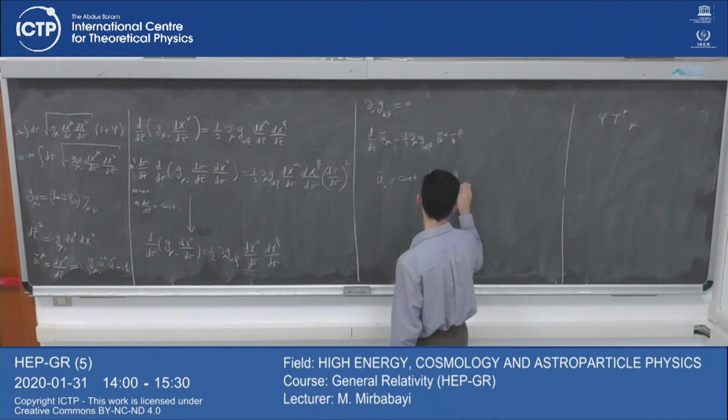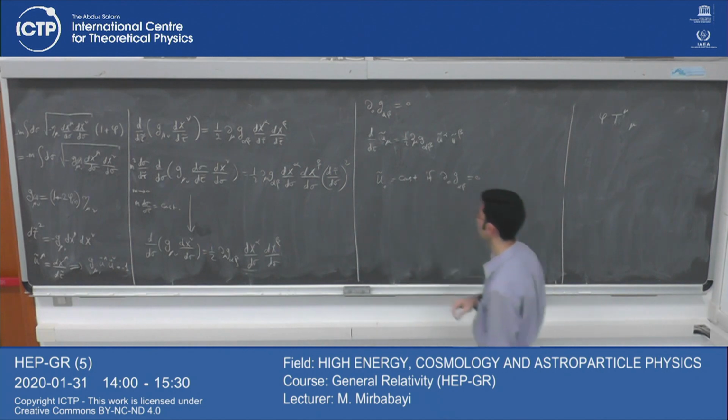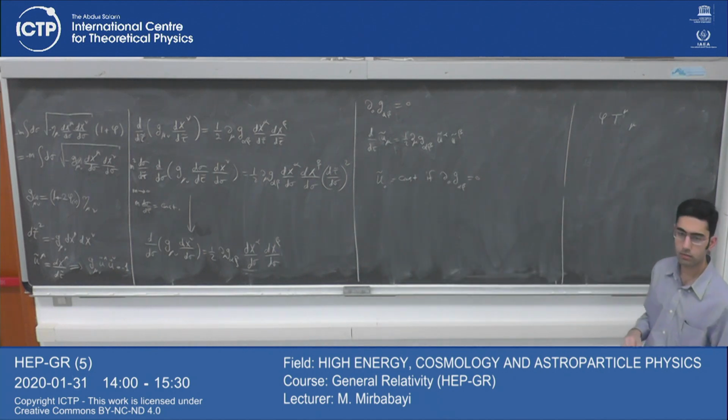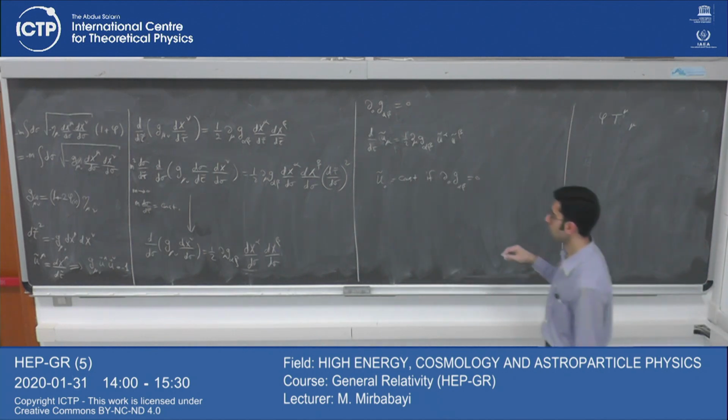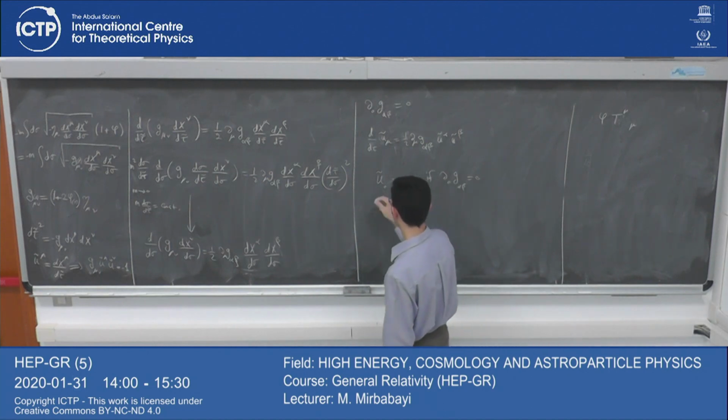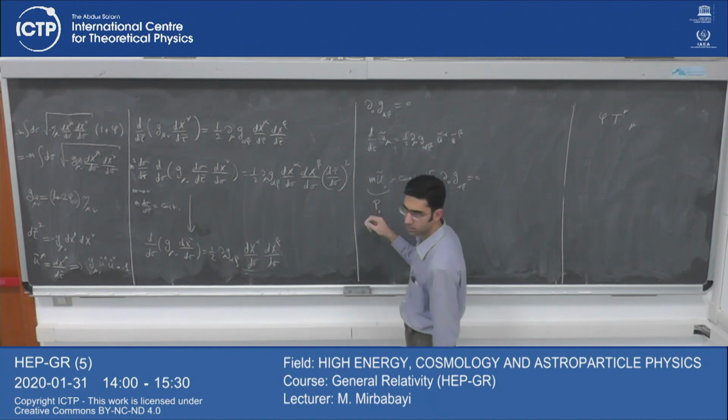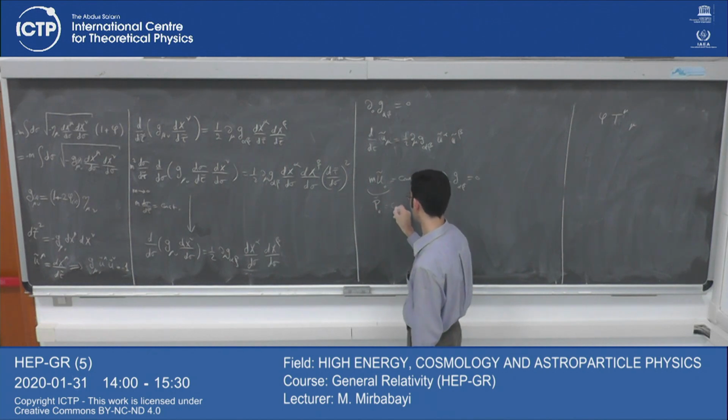This is also valid for a null particle. Now, of course, I can also multiply this by m, and then this is nothing but p tilde 0 equals constant.